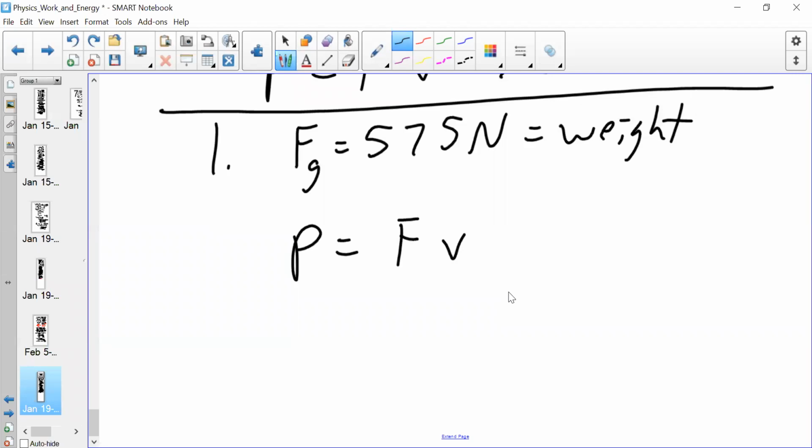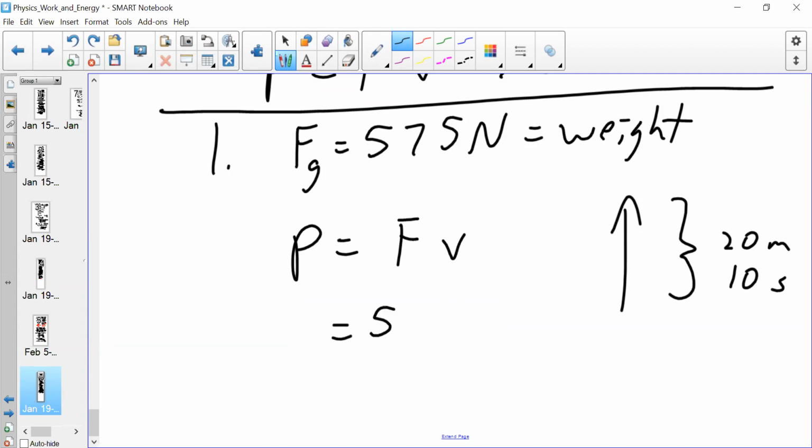It's going to be lifted up 575 newtons the other way by force of gravity, a distance of 20 meters in 10 seconds. So we can get the velocity by displacement divided by time. We have the force already. So let's put that together.